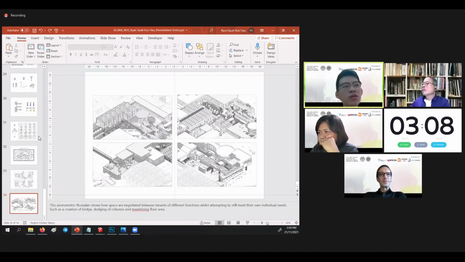I believe this favela-like approach is a challenge to how architects perceive the role of an architect, where we have to determine everything. But what if we give up that power to the people to design and build what they want? I thought that's the best part of this scheme of design.